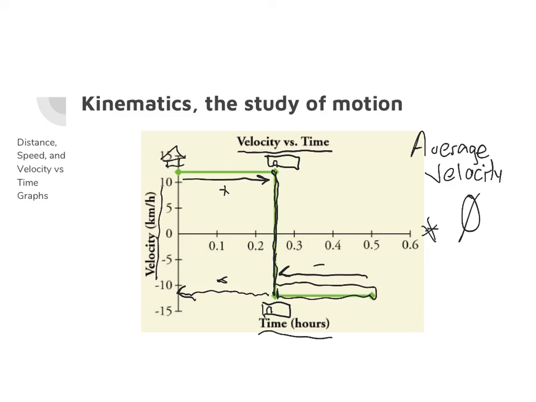Using displacement to calculate average velocity, we didn't technically move, even though we did, since our initial position was our final position during that time interval. So our average velocity is 0.